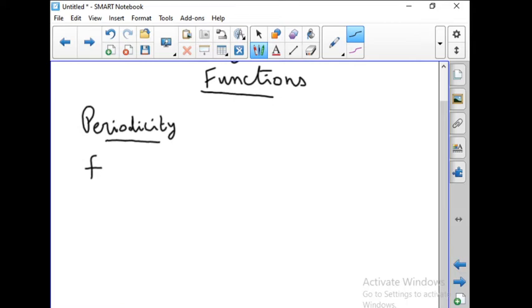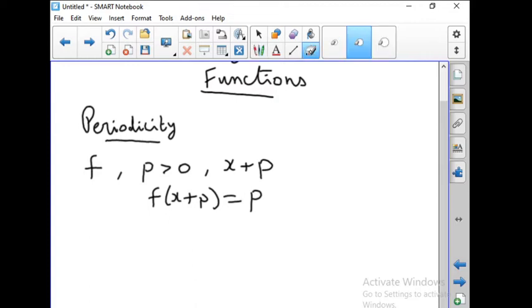It is periodic if there exists a number p greater than 0 such that for all x in the domain of f, x plus p is in the domain of f and f of x plus p is equal to f of x. The smallest of such numbers is called the period of the function f.